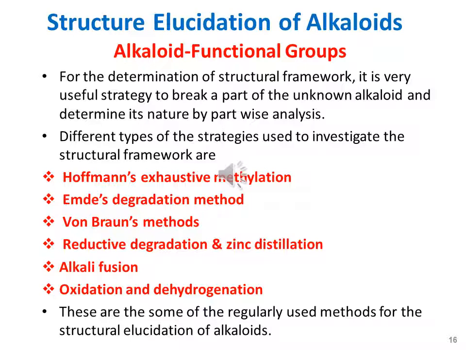Different strategies used to investigate the structural frameworks include Hofmann exhaustive methylation and degradation method, von Braun method, reductive degradation and zinc distillation, alkali fusion, and oxidative and dehydrogenation. These methods are particularly used for the degradation of the alkaloid structure from the nitrogen.